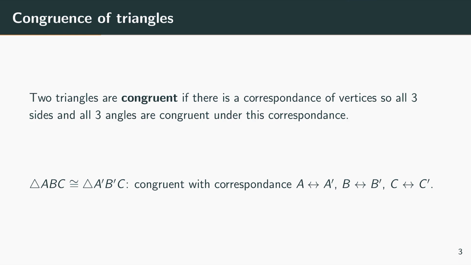Okay, let's talk about congruence of triangles. To make sense out of that, we need to define what we mean by congruence of triangles. Here we say two triangles are congruent if there is a correspondence of vertices such that all three sides and all three angles are congruent under this correspondence.